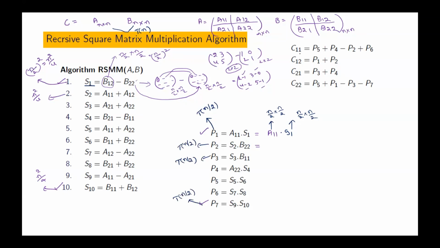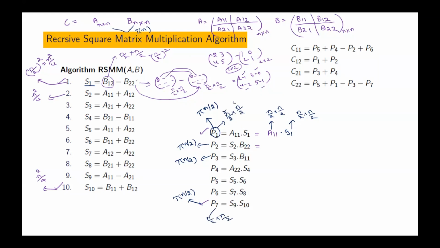In order to calculate C11, what is the order of P1? Is it clear why it is n by 2 by n by 2? The number of rows in P1 is n by 2, and the number of columns is n by 2.